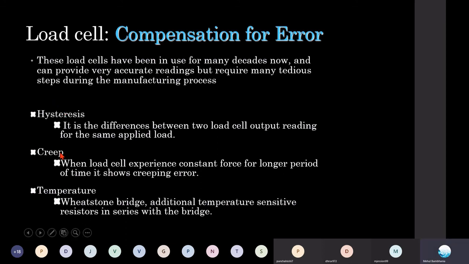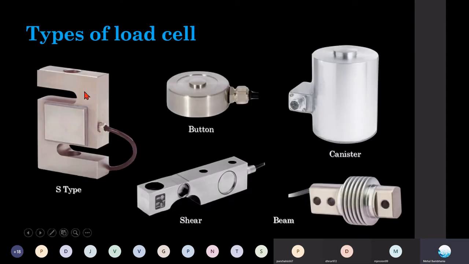Creeping error: ultimately, see, what is the nature of this load cell, how we will use it. Generally we apply load, and when you apply the load, obviously the change in resistance and voltage will indicate the total amount of applied load. So suddenly you apply load and remove it. When you remove it, obviously that resistive panel will come back to its original position.